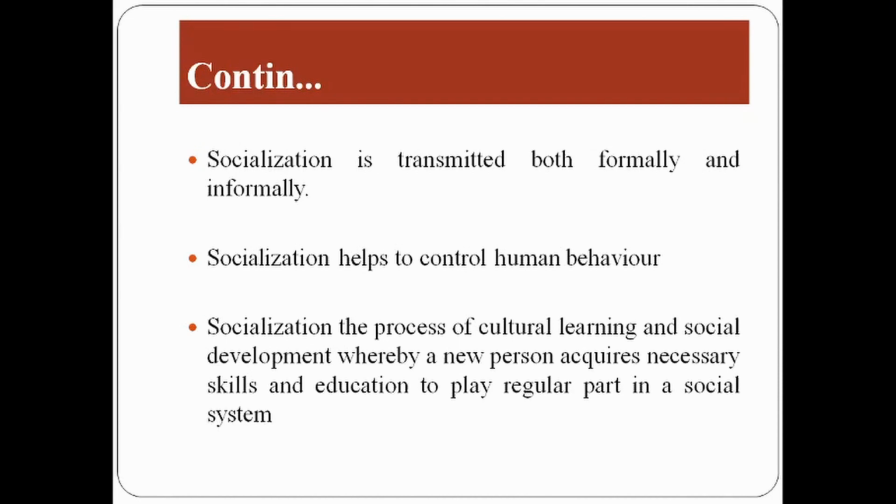Informal transmission takes place through folkways, customs, culture, values, etc. Socialization helps to control our behavior, and this control is exercised to maintain social order in the society. Socialization is the process of cultural learning and social development, whereby a new person acquires the necessary skills and education to play a regular part in the social system.